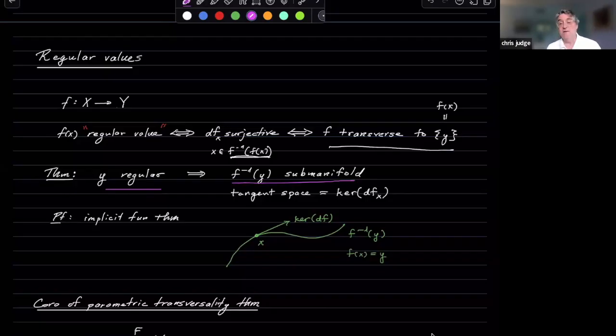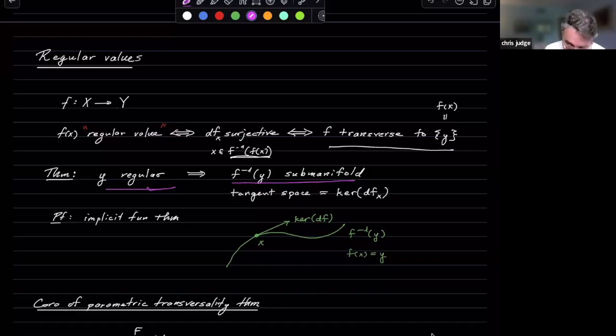In some ways, this is just a fancy way of putting together the implicit function theorem. The implicit function theorem does things in local coordinates, but this statement is really completely local. So this is just a different way of packaging the implicit function theorem.